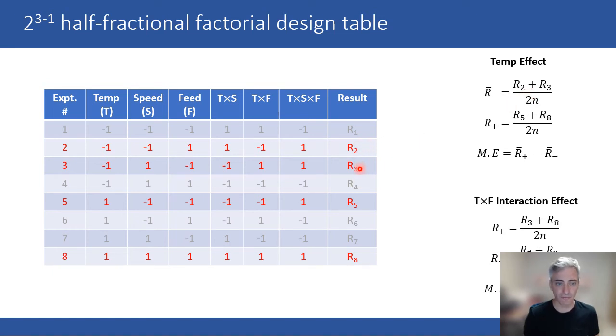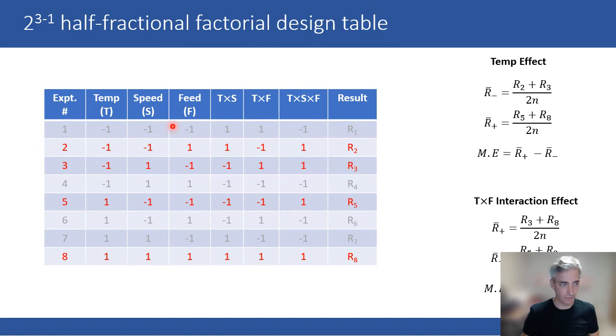I've ignored half of them, right? Half of the results when the temperature is high and when the temperature is low. And then I can see the main effect. So this is exactly the same as before, only I don't quite have as strong statistics, because I don't have as many results included in this calculation, but I should still be able to see whether the main effect is there or not.